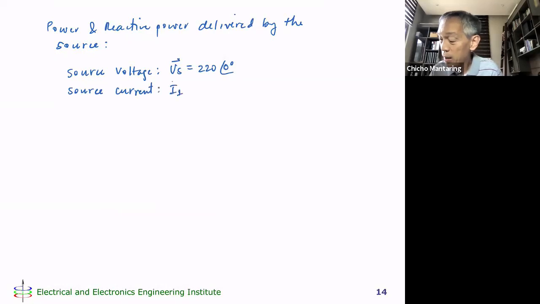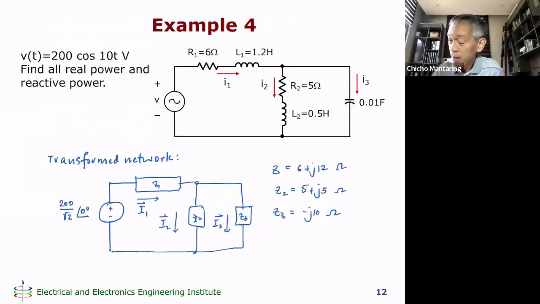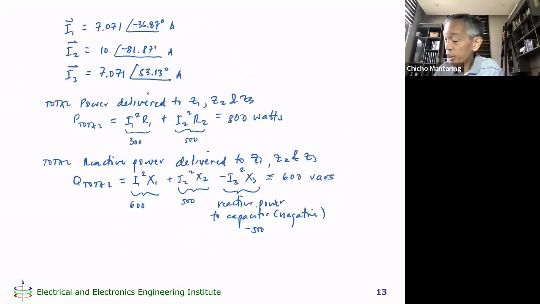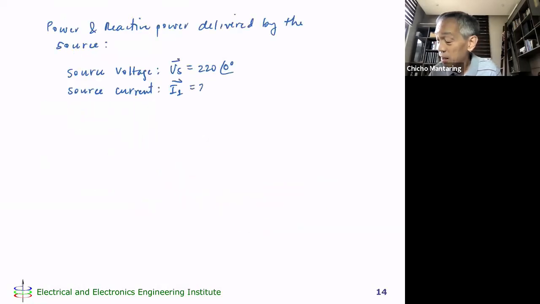It is I1. The source current is I1, which is 7.071 at an angle of minus 36.87 degrees. No? So this is volts and this is amperes.